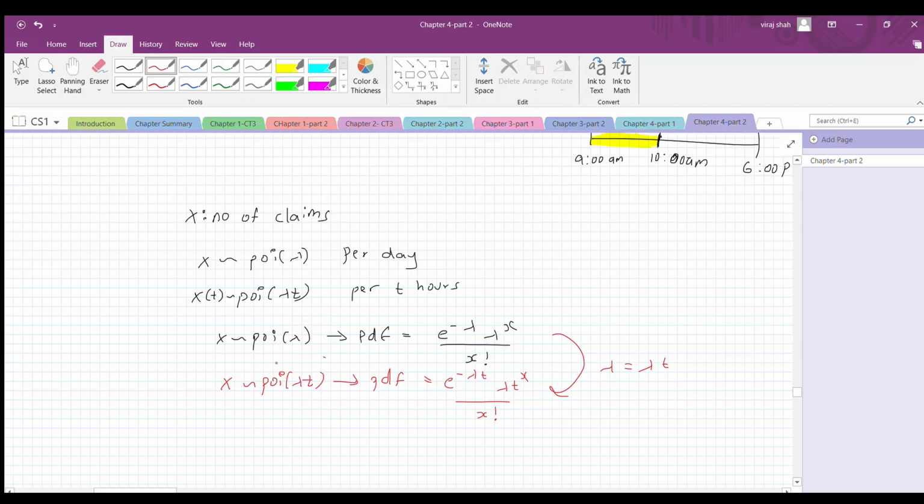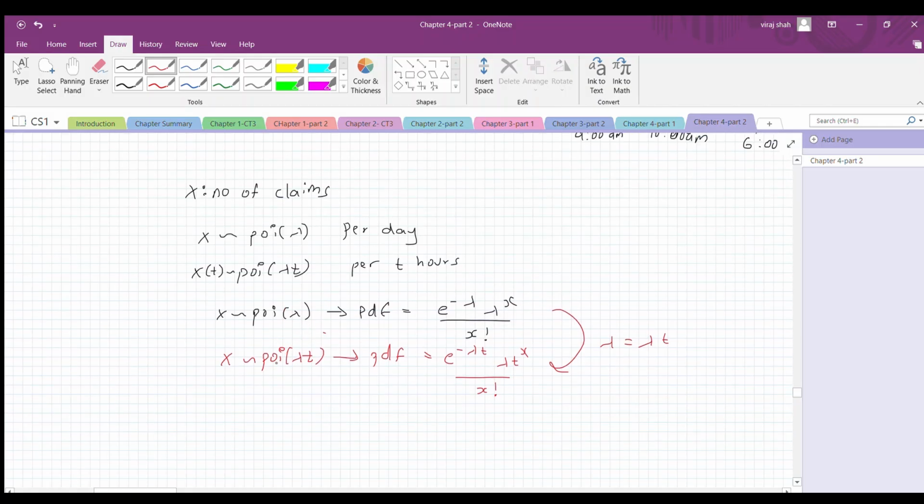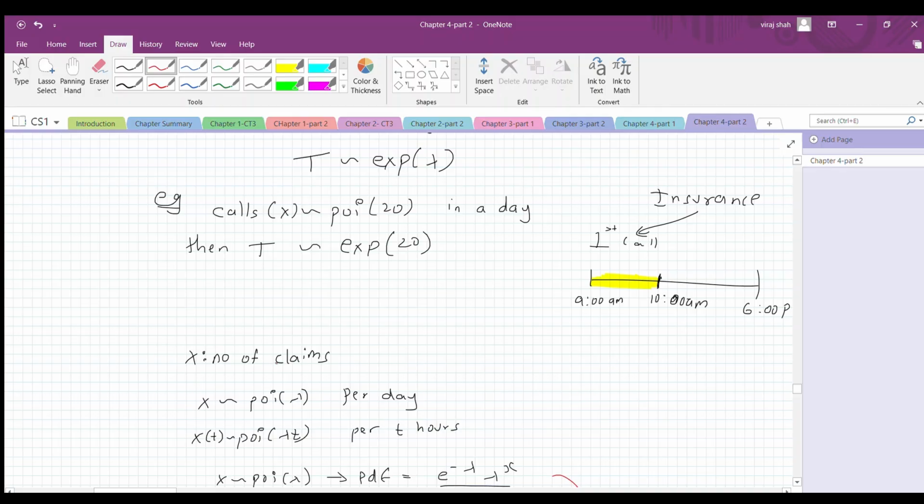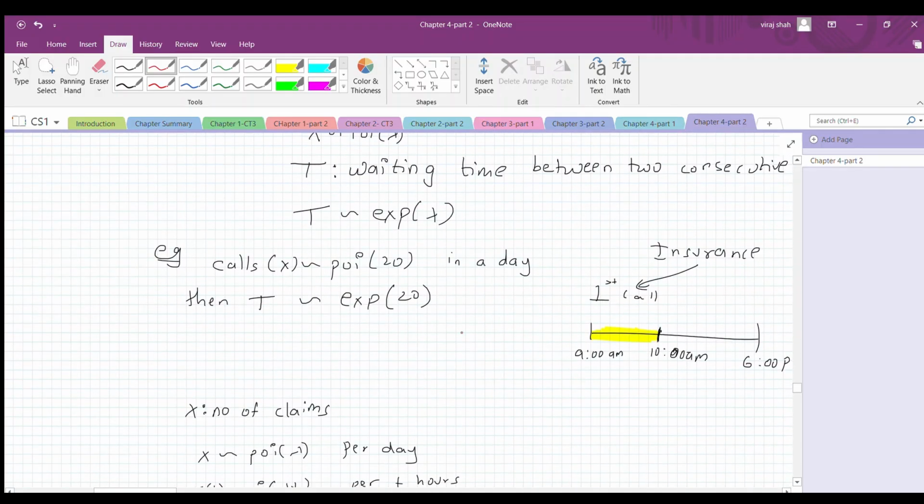So going ahead, you understood what waiting time is. Waiting time is the part where I do not receive a call between 9 a.m. and 10 a.m., the waiting time until I receive a call.